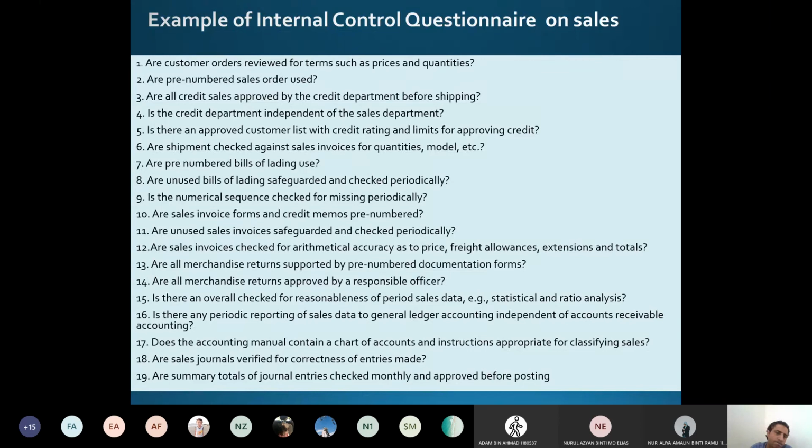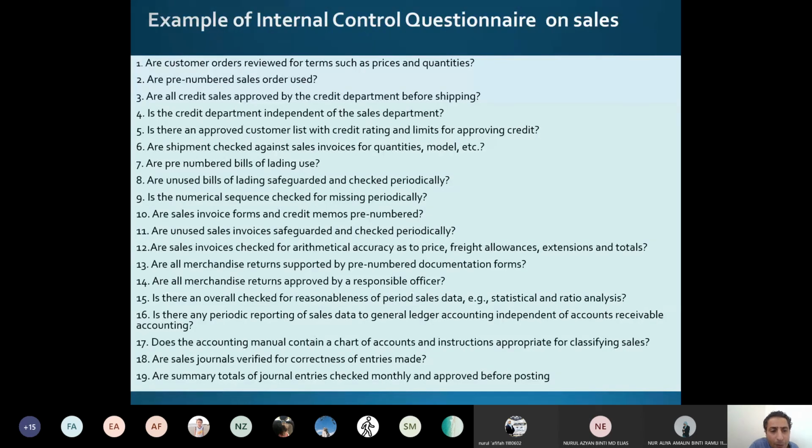Shipment check against sales invoice for quantities, model, etc. Okay, number 6. After they approve the credit limit and so on, they send the sales order approved by the credit department to the shipment department. So the shipment department, or we call it the warehouse, they start to prepare the goods.